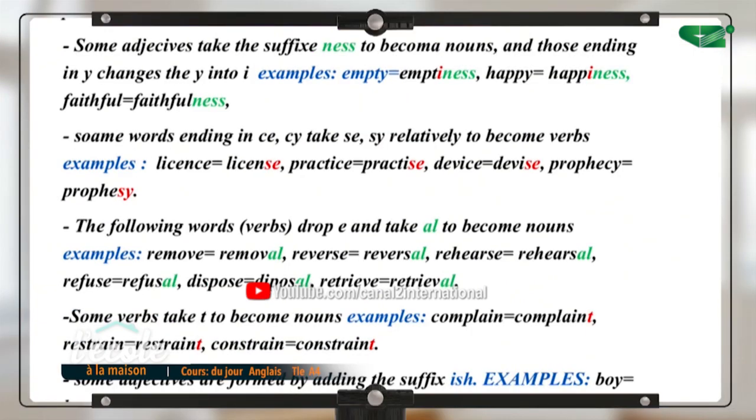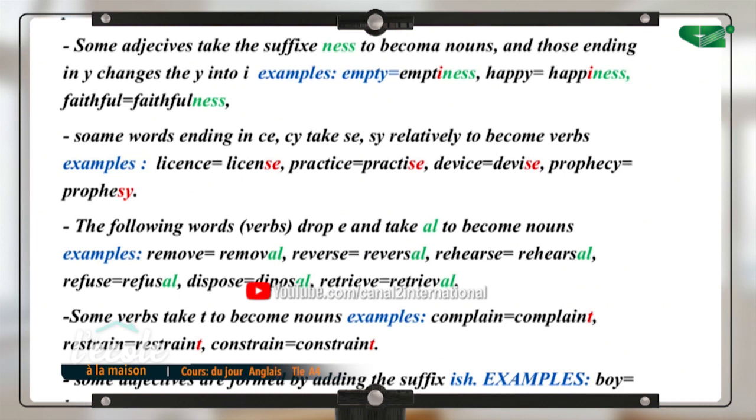Some words ending in CE, CY take SE, SY relatively to become verbs. Examples: license.